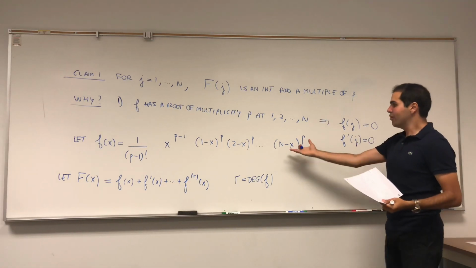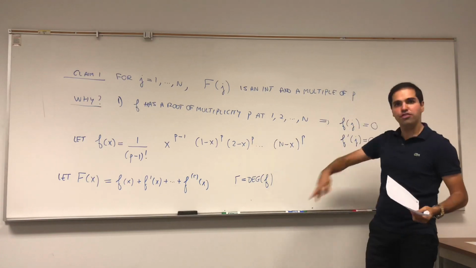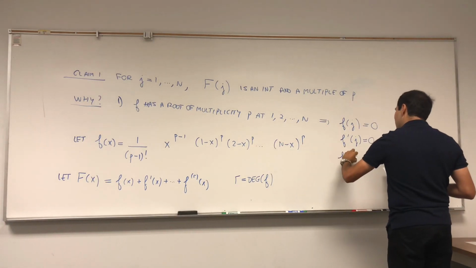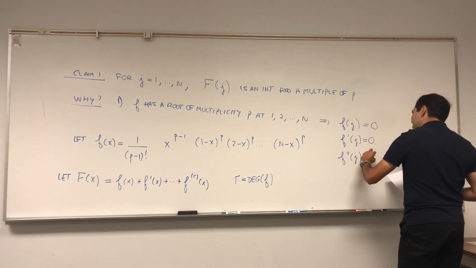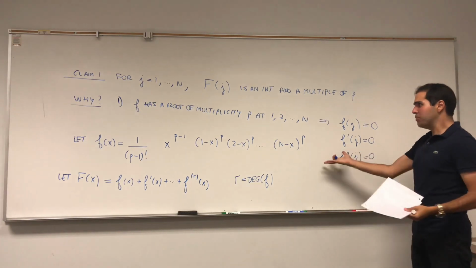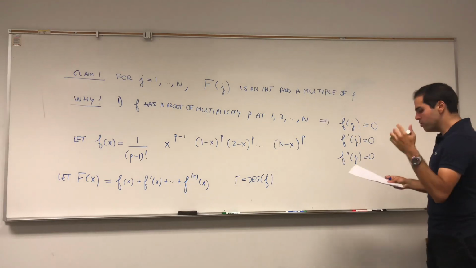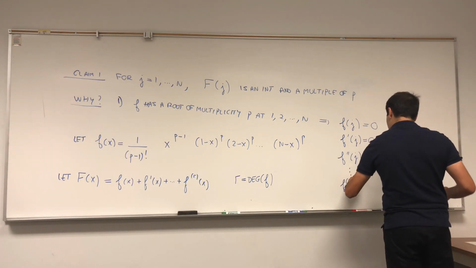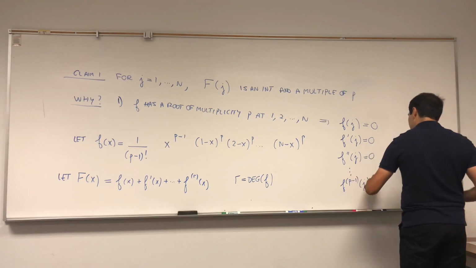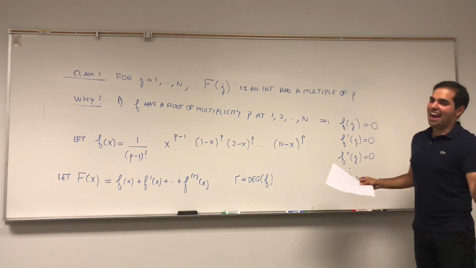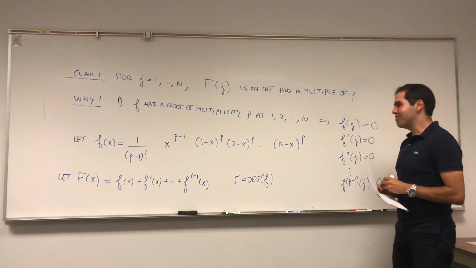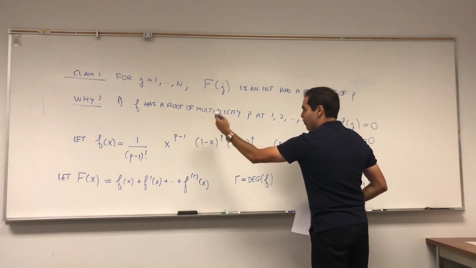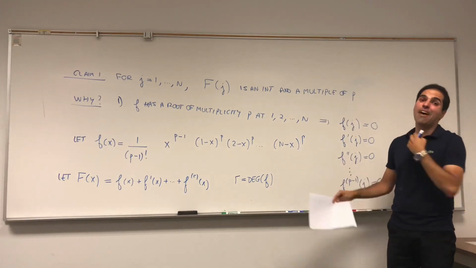And not only that, it turns out if you do it again, you're still okay. Again, you would just use another huge product rule. And it turns out you're safe up to the p minus 1 derivative. So it's still 0. At p, you have some issue because, for example, this will become (1 minus x) to the 0th power.